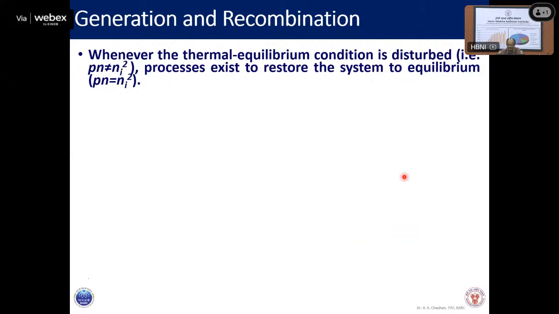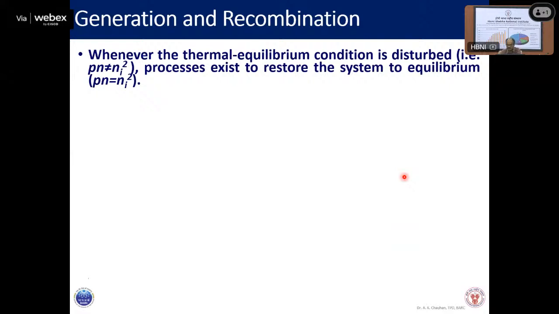So whenever a thermal equilibrium condition is disturbed, remember that in thermal equilibrium it is always pn equal to ni squared. There are many situations where problems need to be solved.